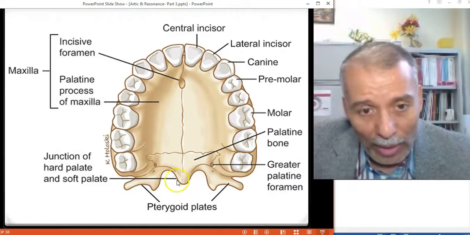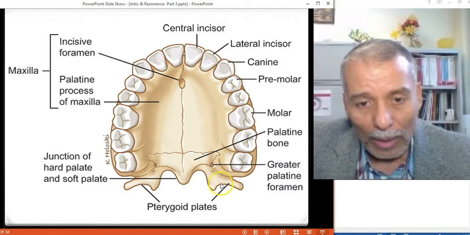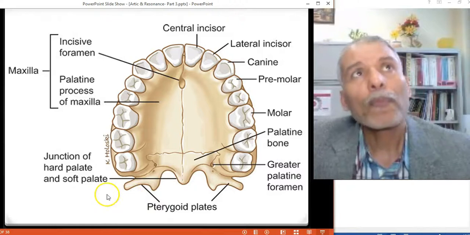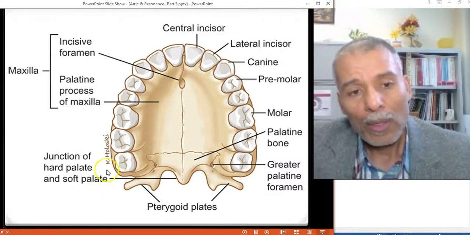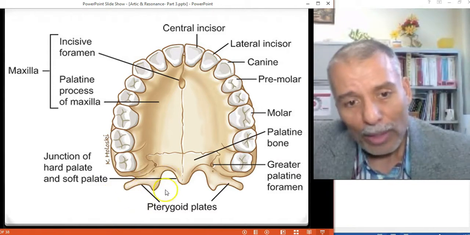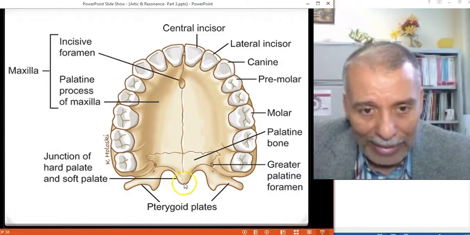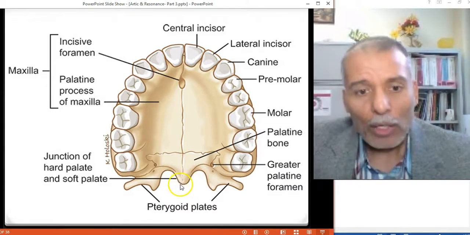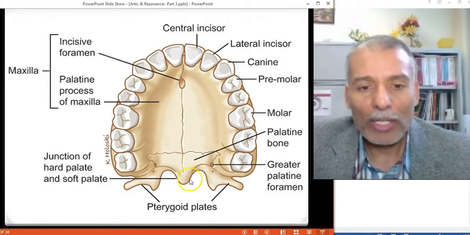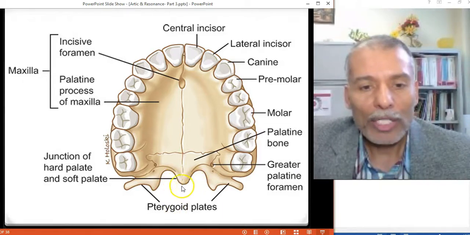So here is the margin of the palatine bone here, and the fibers that make the palatal aponeurosis, they insert here and here. But on this tip here, you are going to have the posterior nasal spine. And on the posterior nasal spine, you have the musculus uvulae originating right here.